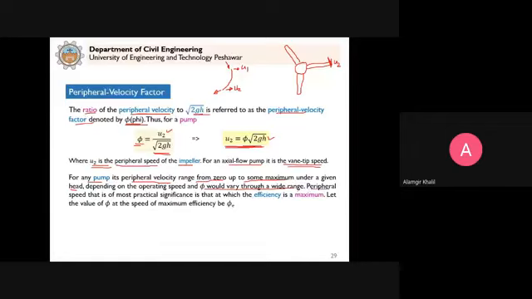But we are interested in the peripheral speed that corresponds to the maximum efficiency. So in that case, we denote phi by phi e. This is the peripheral velocity factor corresponding to the maximum efficiency.